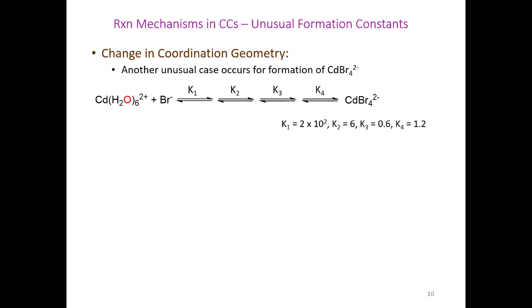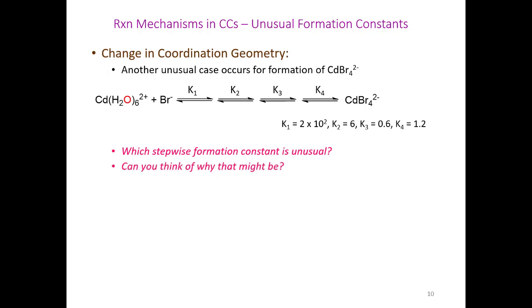If you look at the stepwise formation constants, K1 is larger than K2, which is larger than K3, but K4 is actually larger than K3. So which of these stepwise formation constants is unusual? Well, you should be able to identify that K4 is the one that sticks out. So can you think of why K4 might be larger than K3?